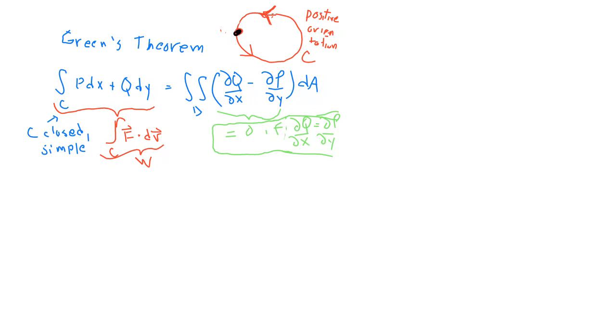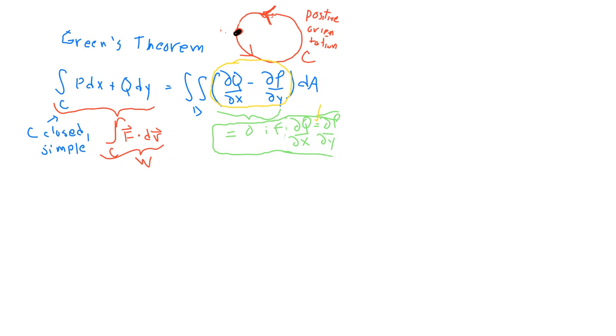Okay, so the integrand here will equal 0 when those partial derivatives are equal. So that means then that the work that the force field does in moving the particle once around the path C is equal to 0.